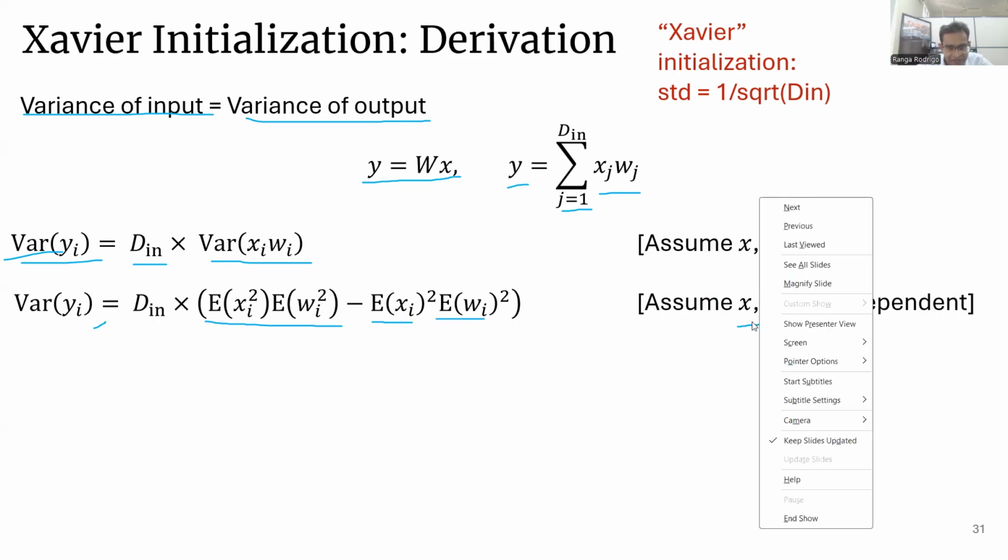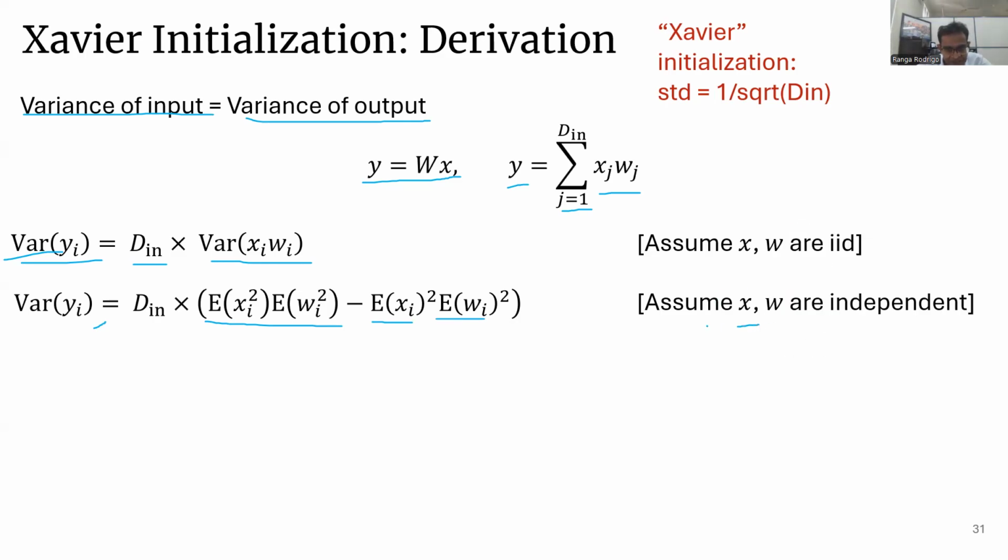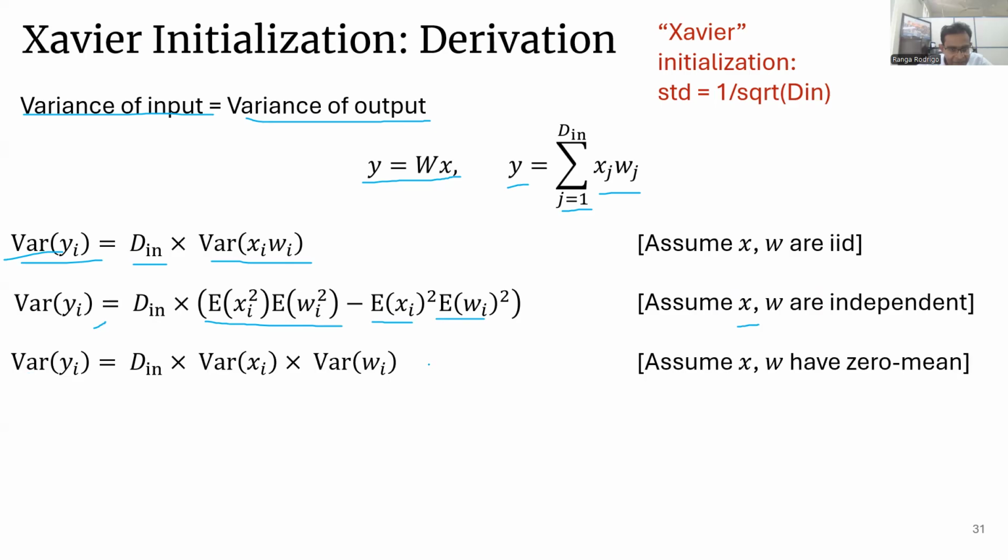Assume x and w are independent. If we assume that x and w have 0 mean, then this is the variance of xi times the variance of wi, since the two means are 0.